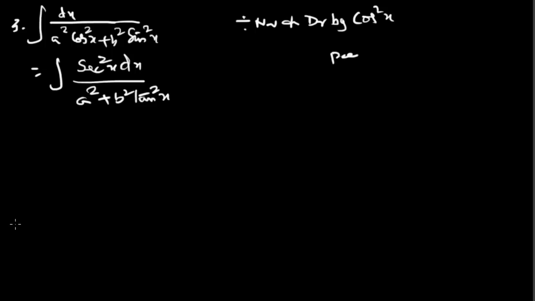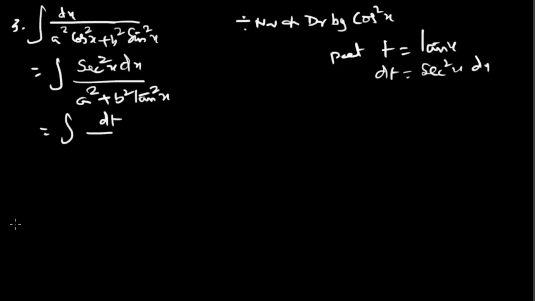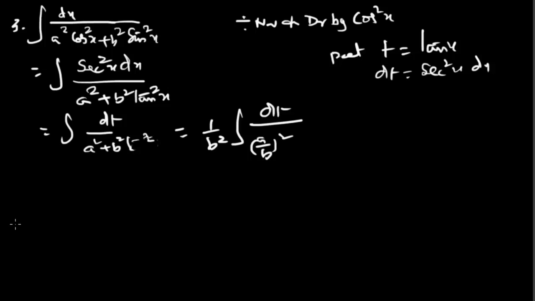Put t is equal to tan x. dt is equal to secant squared x into dx. So the integral becomes dt by a squared plus b squared tan squared x. It is only t squared, not tan squared x. Here a squared plus b squared t squared, b squared you take as a factor, 1 by b squared integral dt by a by b whole squared plus t squared.